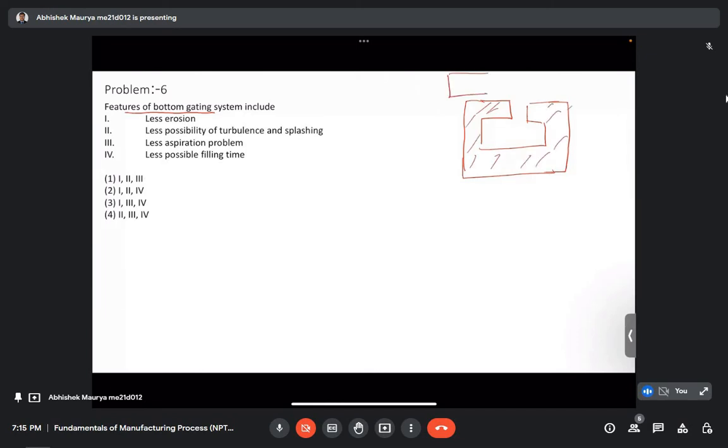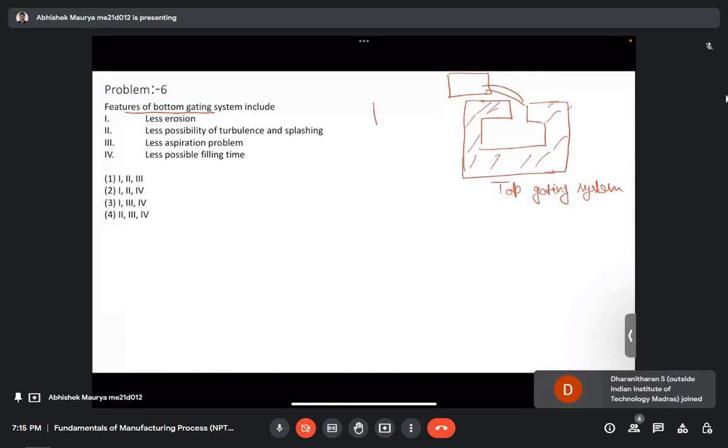So this is the schematic of the top gating system. And there is another way.